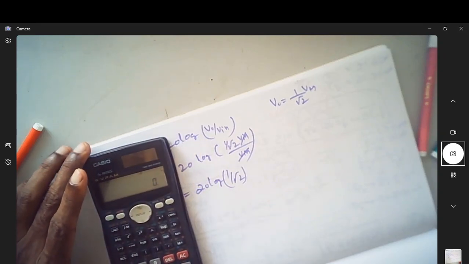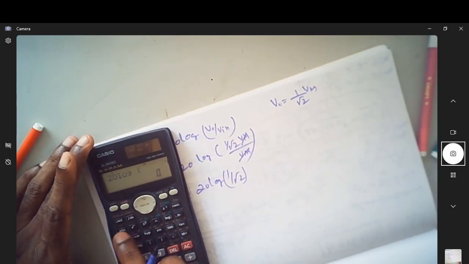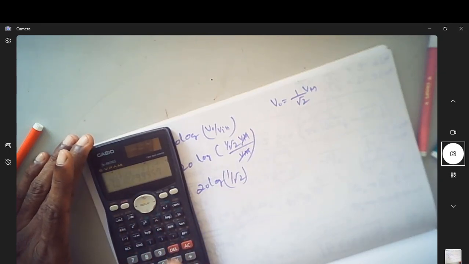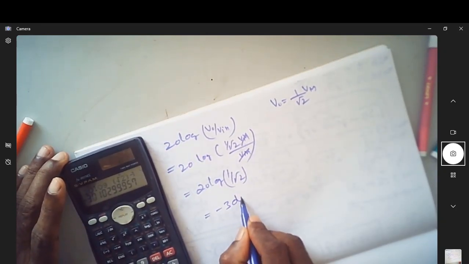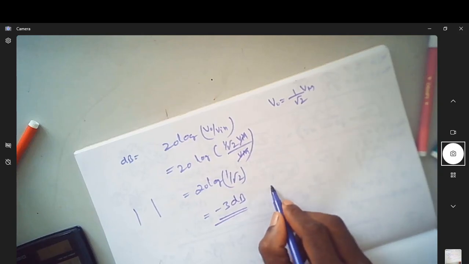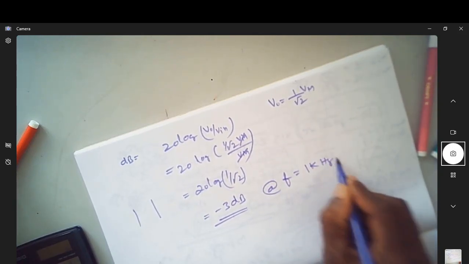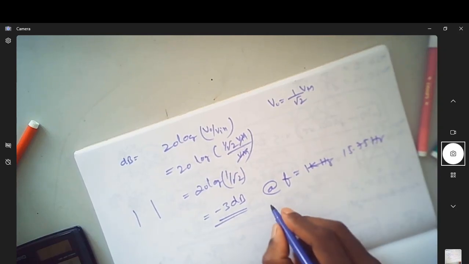So we are talking about the magnitude of the output by input. So what is 20 log of 1 over root 2? Root 2 inverse is actually minus 3 dB. That is at frequency 15.75 hertz.